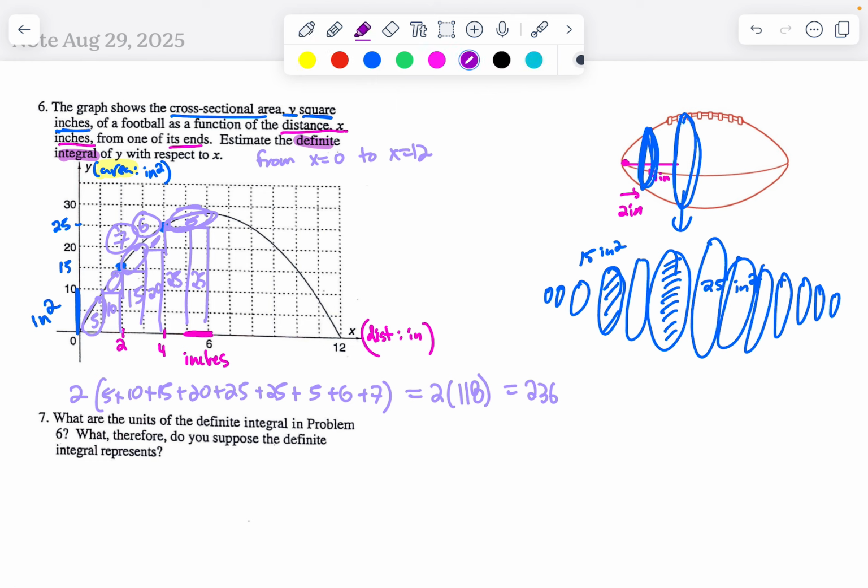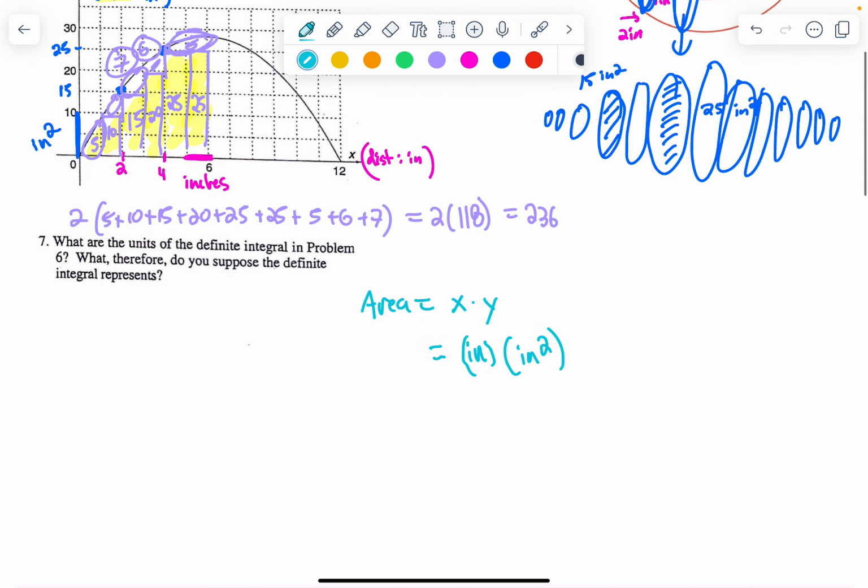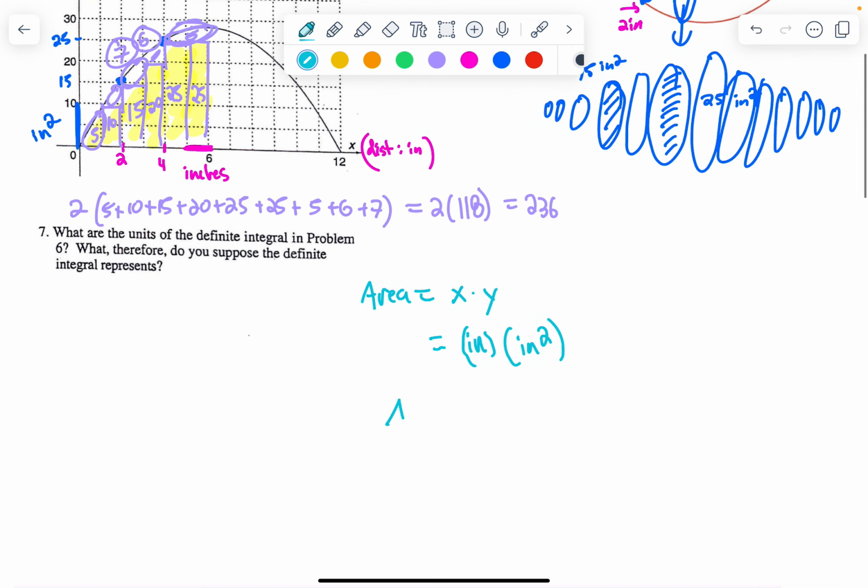So each of these areas, okay, if we think of the area as being x times y, somehow it's the product of the x and the y, which means it is the product of inches by inches squared, and inches times inches squared is inches cubed.